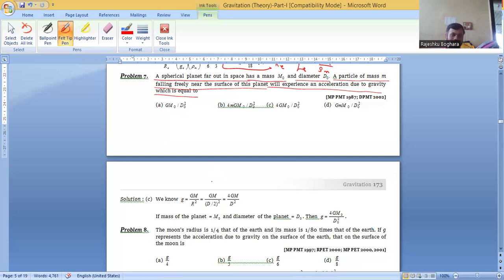So now here we write it in the form of diameter: g equal to GM upon R square, R equal to D by 2, so GM upon D square by 4. So we get g equal to 4GM by D square, so the answer is C.